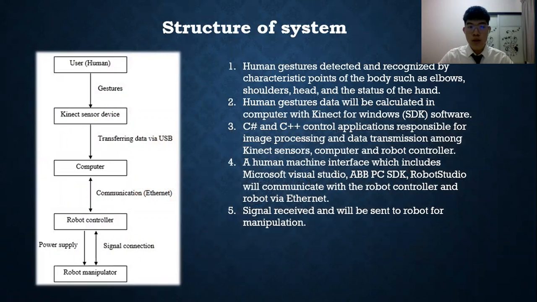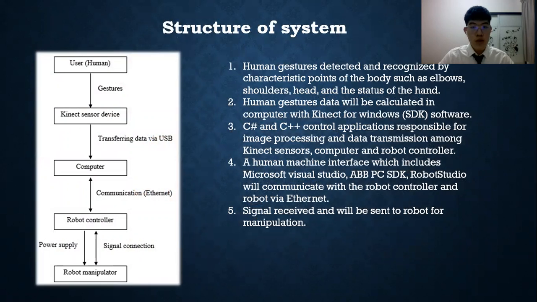In this project, we have the structure of the system. Firstly, the human gesture will be detected and recognized with the characteristic points of the body, such as the elbows, shoulders, head, and the status of the hand.